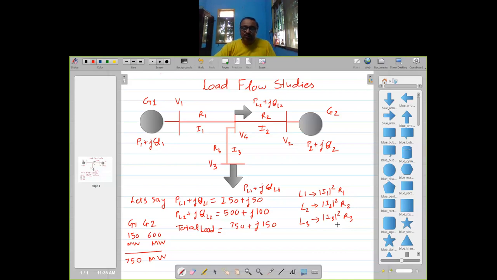So the total load is 750. We also have to consider total losses. This total load plus total losses, the sum of this must be the total generation.